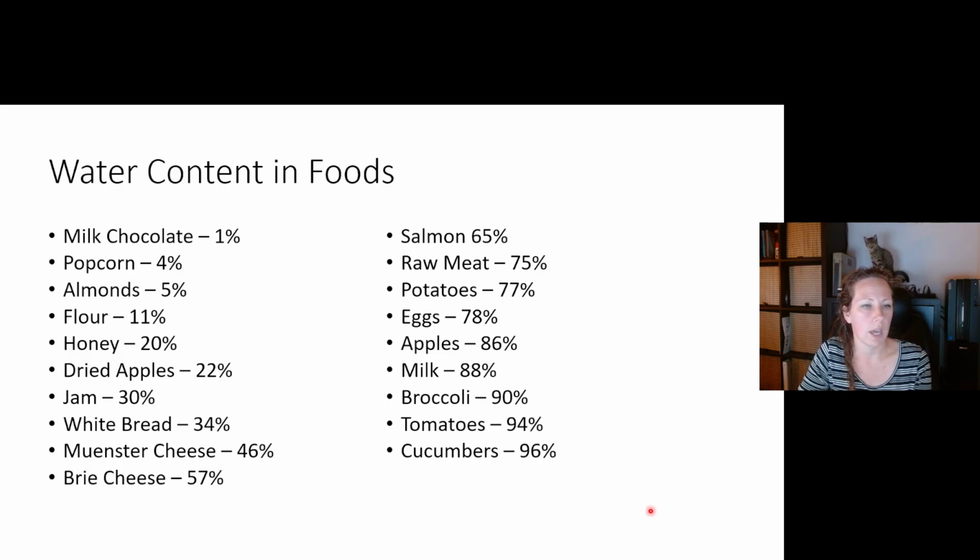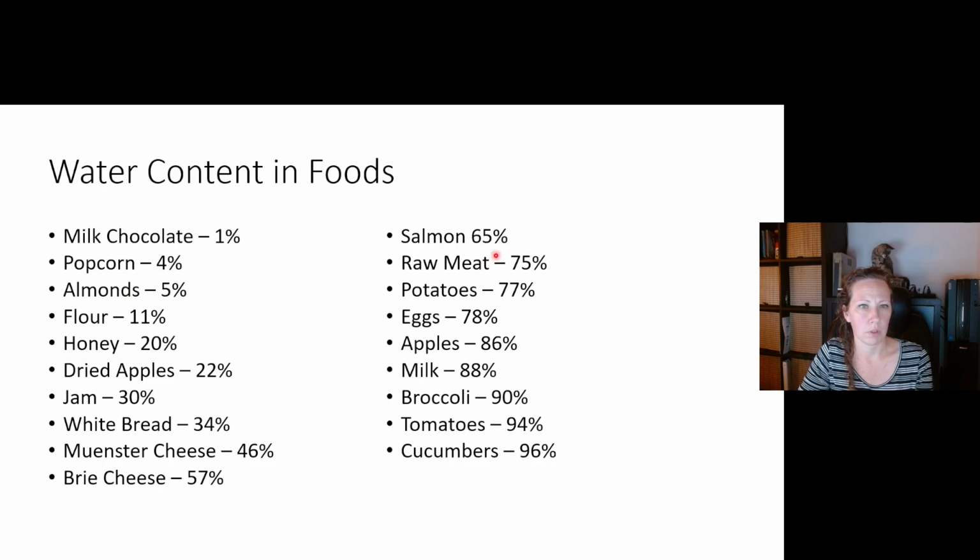Notice that the foods that have not been processed, so fruits, vegetables, animal foods, have high water amounts. Cucumbers are 96% water, apples 86%, milk 88%, eggs 78, raw meat 75.